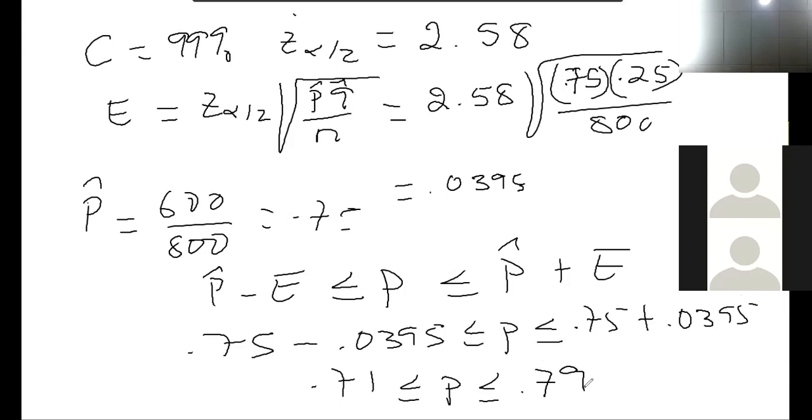Everybody can go to STAT. Go to STAT, then TESTS. Z proportion interval. Has anyone seen Z proportion interval in the calculator or something similar to that?